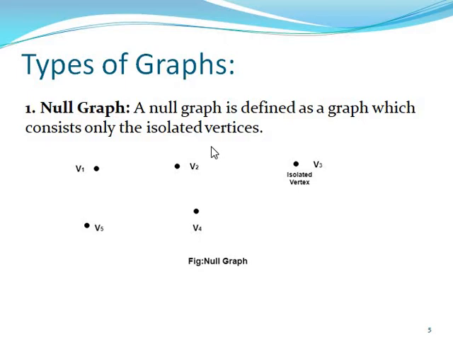For example, this is one point, but it is not connected to any nodes or vertices. So this is denoted as the null graph. It means no vertices are connected to anyone. This single point is called the null graph.